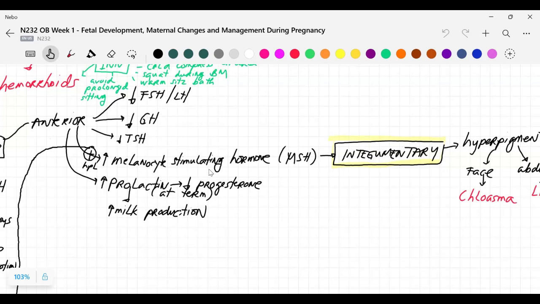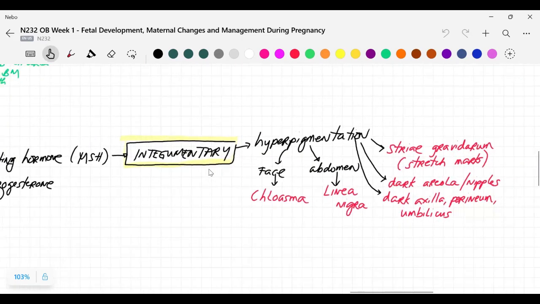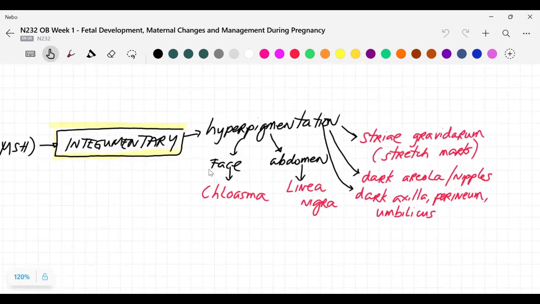So it increases the MSH from the brain, and in the integumentary system, these are the signs that you will see. There's a lot of darkening of the skin of the mom. On the face, it's called chloasma. They have a dark rash on the cheek. That's from MSH, chloasma. They have linea nigra on the abdomen.